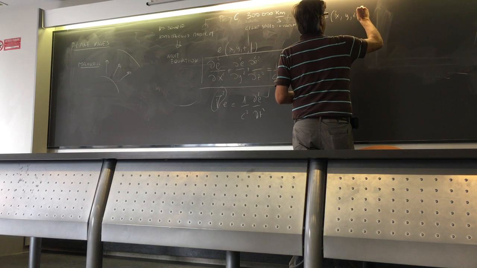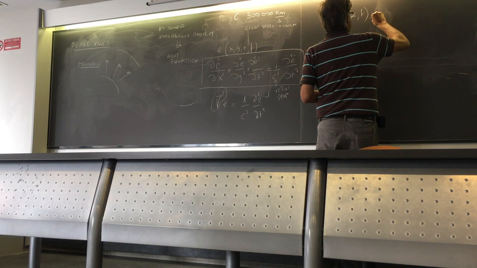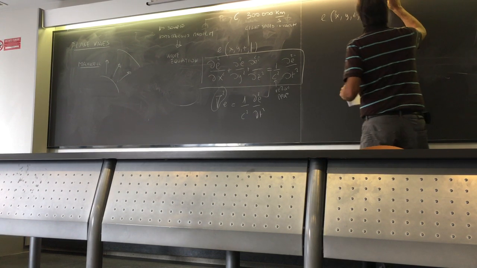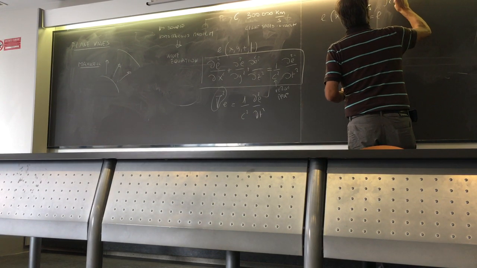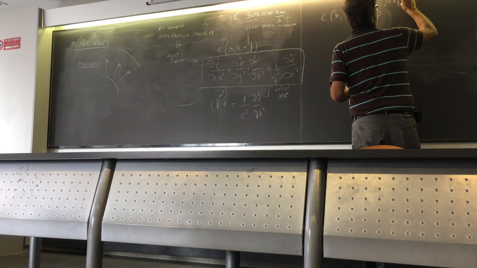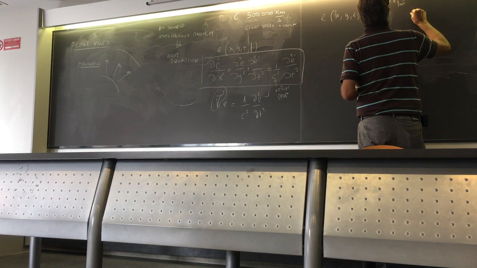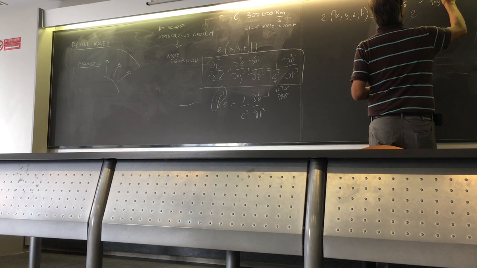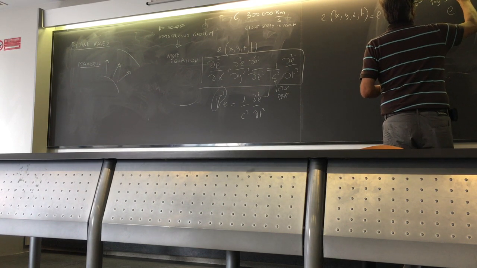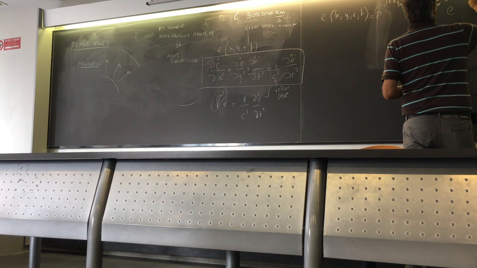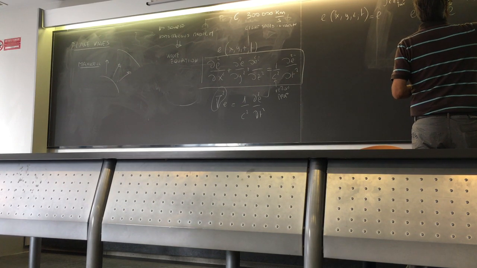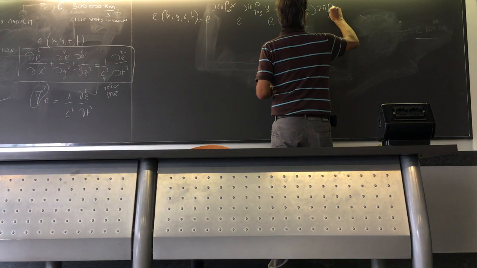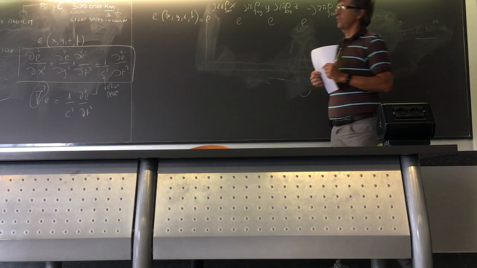It is a complex exponential: exp of j 2 pi f0 x plus exp of j 2 pi f0 y plus exp of j 2 pi f0 z minus 2 pi f0 t. Okay?